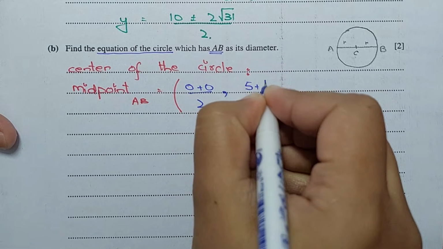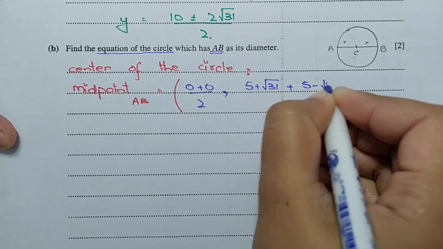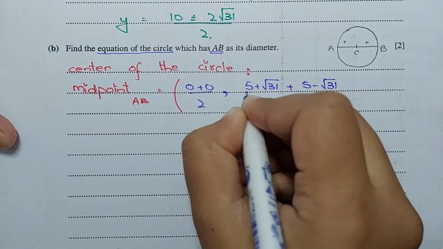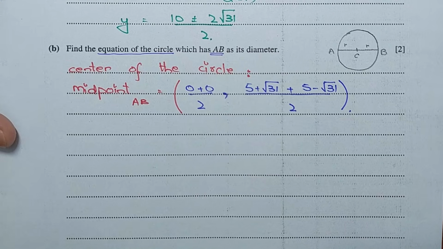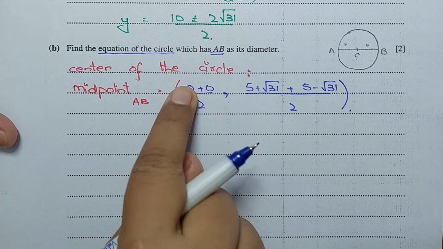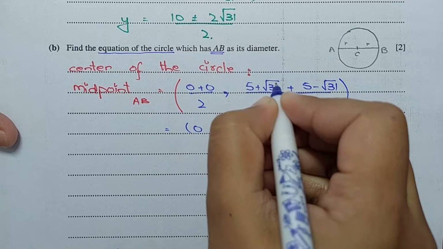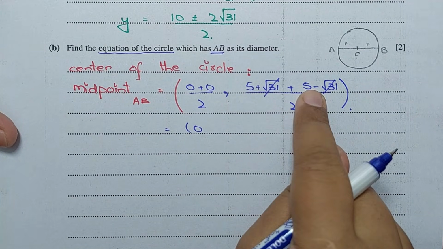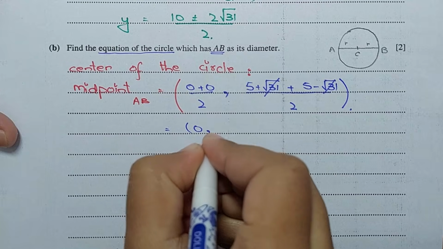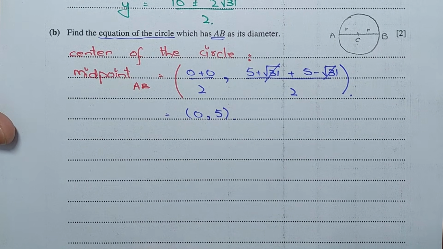The y coordinates are 5 plus root 31 plus 5 minus root 31, divided by 2. Now 0 plus 0 is 0, divided by 2 is just 0. And the plus or minus terms cancel out. 5 plus 5 is 10, and 10 divided by 2 is 5. These are the coordinates of the center of that circle: (0, 5).